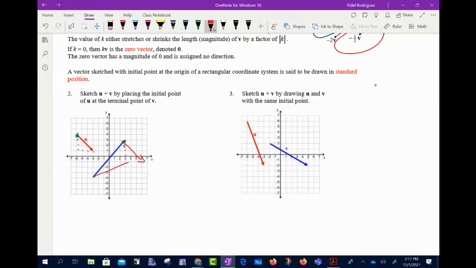So u plus v would be that vector right there. So far, so good?